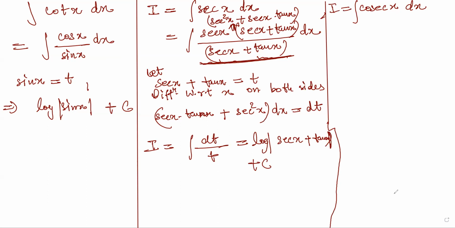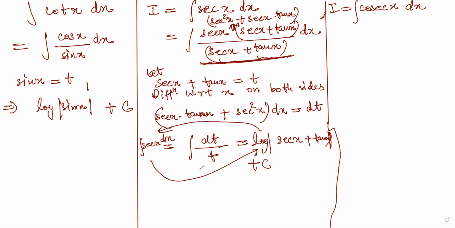So the integration of sec x dx is nothing but log of sec x plus tan x plus c, which also means that if you differentiate this function, log of sec x plus tan x, you will get sec x. Because the integration of sec x is this, the differentiation of this is back to sec x.